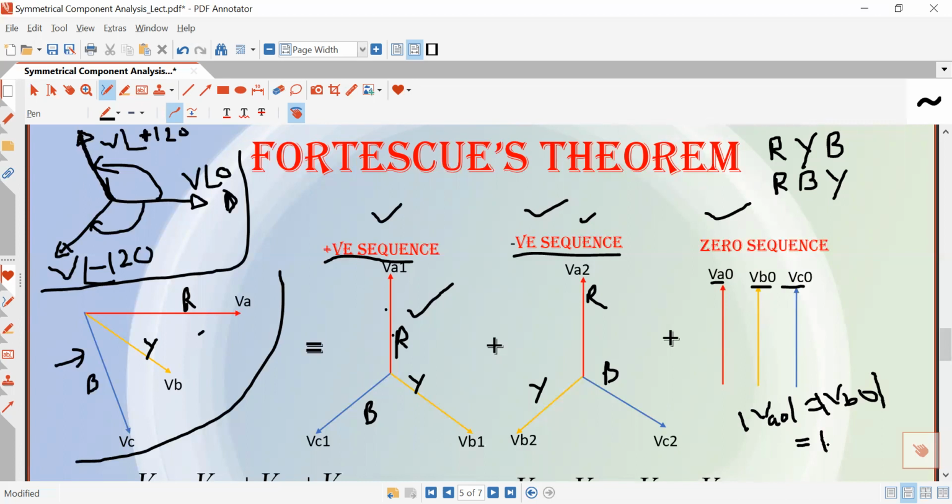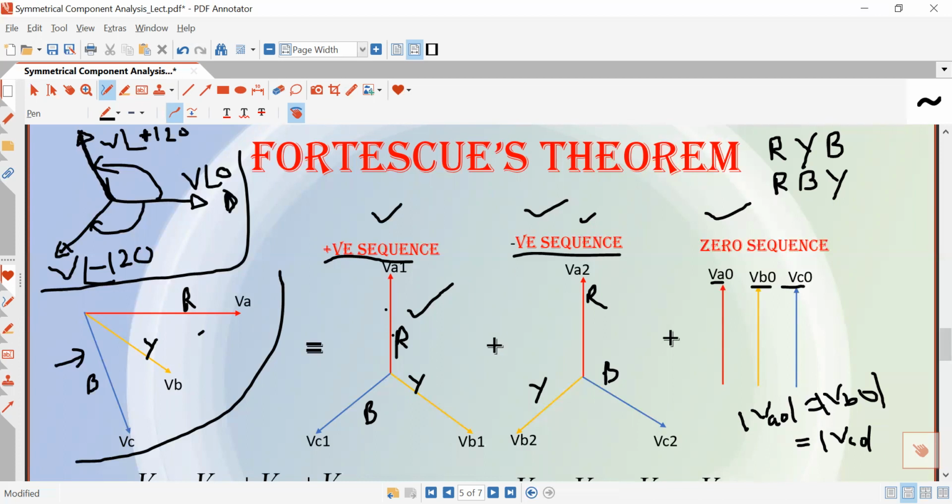So in conclusion, you can say the symmetrical component analysis divides the unbalanced phasor into three components. One component is called positive sequence, another is called negative sequence component, and the third is called zero sequence component. But you must remember the positive and negative phase sequence components make a balanced system.